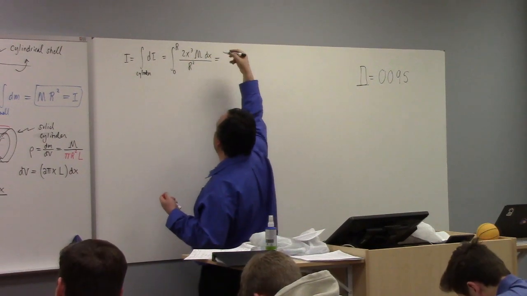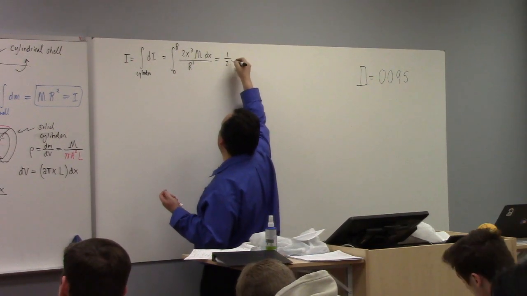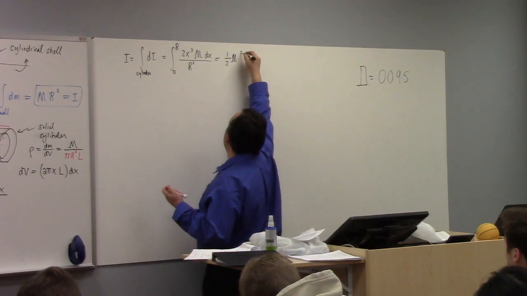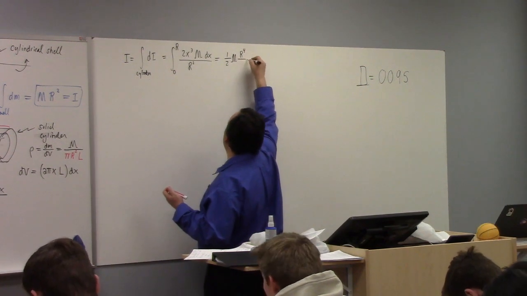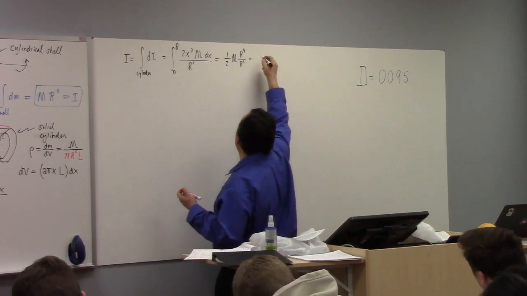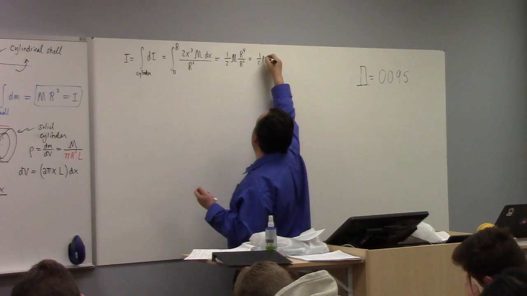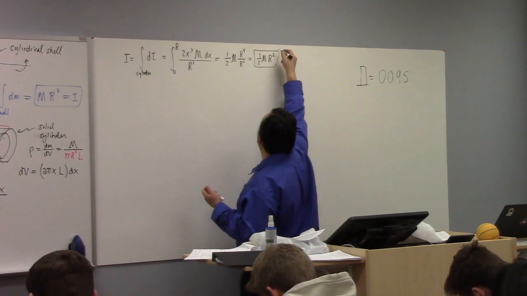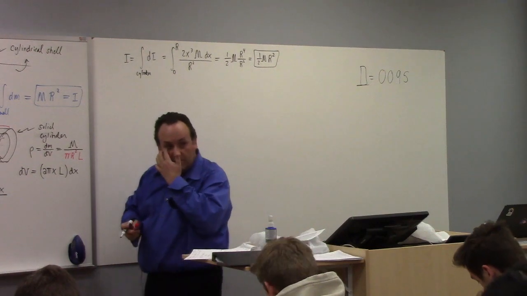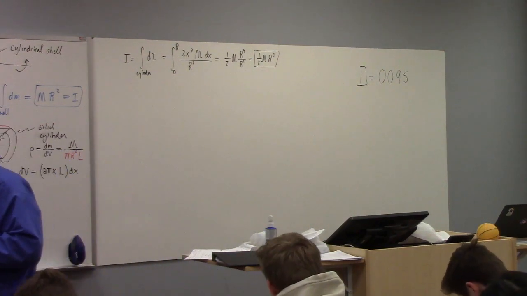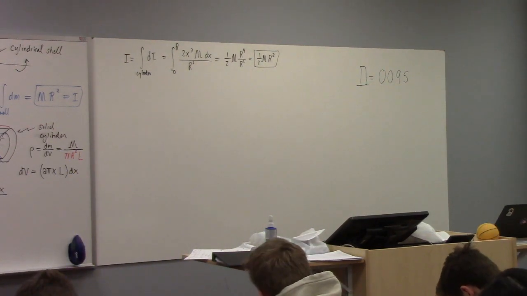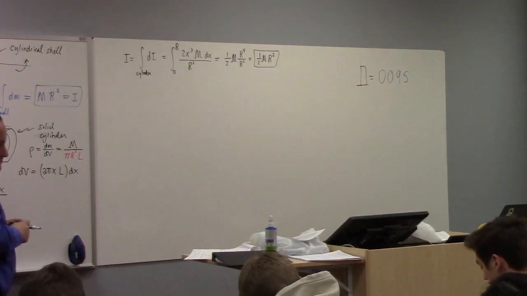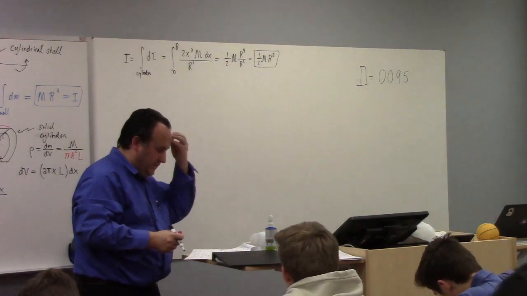Let's see, integrating gives x to the 4th divided by 2, so we get 1/2 m, and then we have an r to the 4th divided by r squared. So in total, we have 1/2 m r squared. That is the moment of inertia for a solid cylinder rotating about its axis. Oh, phew, that's what I got in the notes too.